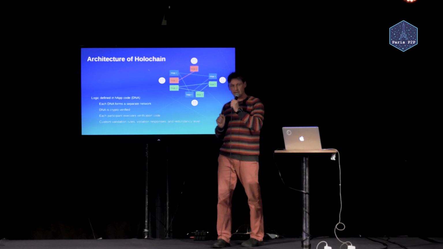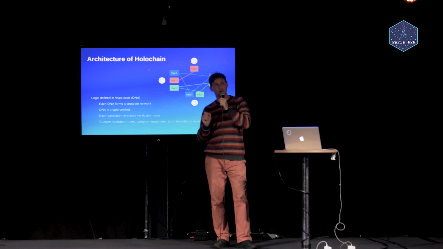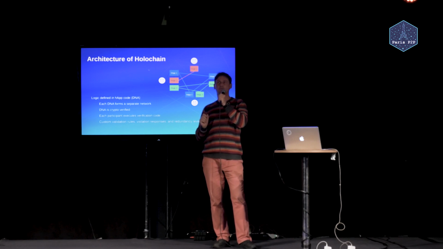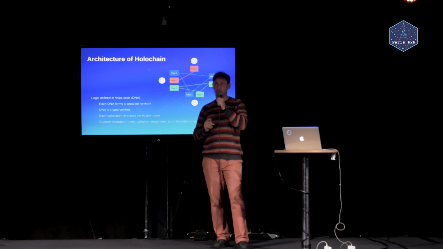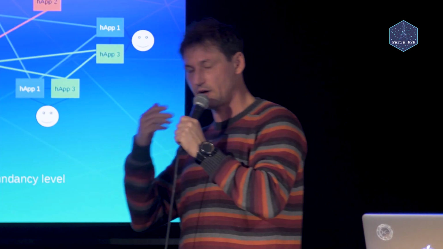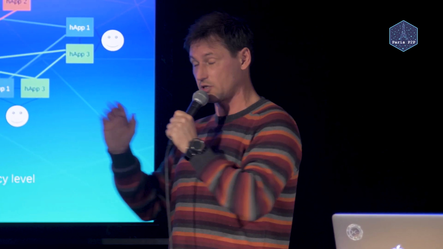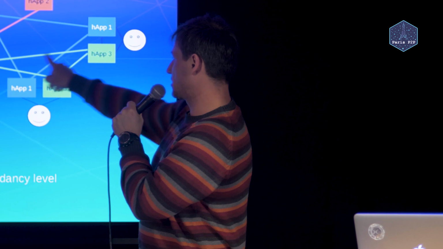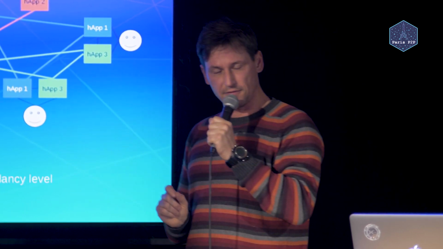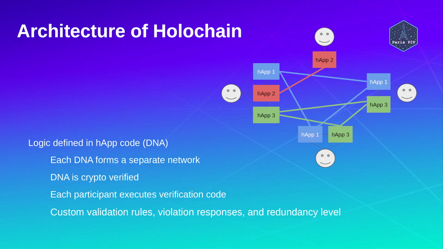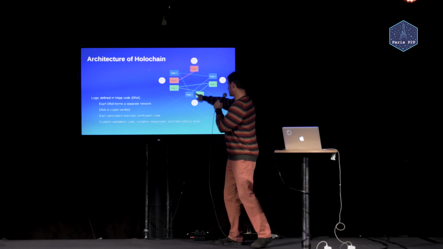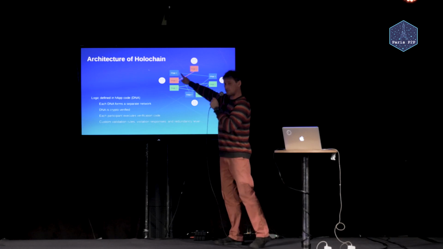I can have a DNA that's responsible for my position on the maps. So I basically send every 5 minutes my position on the maps. This is, let's say, the green part. And I can have a DNA that speaks about my financial transactions. So it says what is the balance of my account. And this is my transacting through this network.